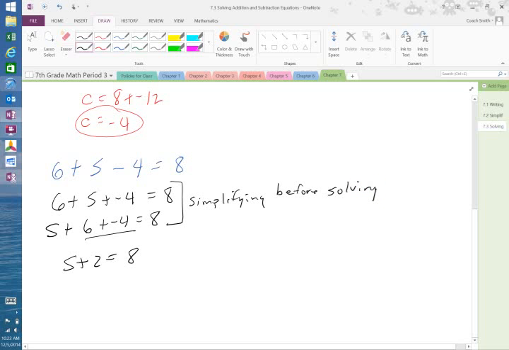I just simplified the two constants, and now I have what looks like a regular equation, so I just take S plus 2 minus 2 equals 8 minus 2. Once again, the plus 2 and the minus 2 cancel, and that leaves me with S is equal to 6.